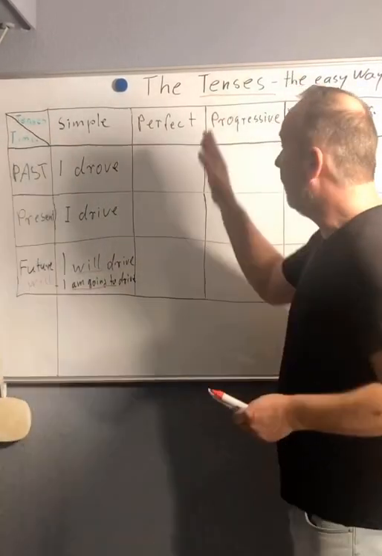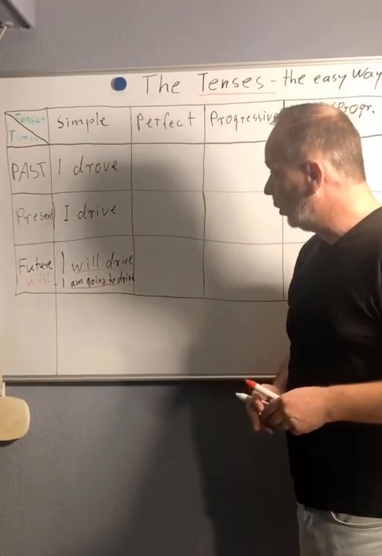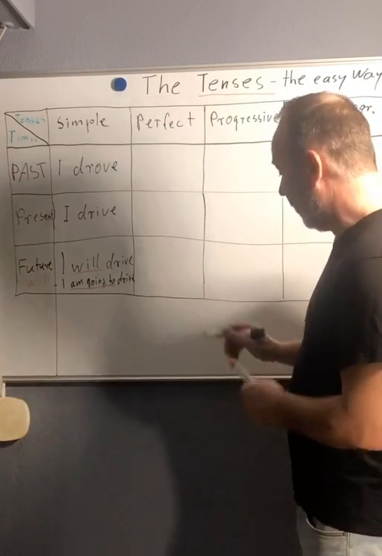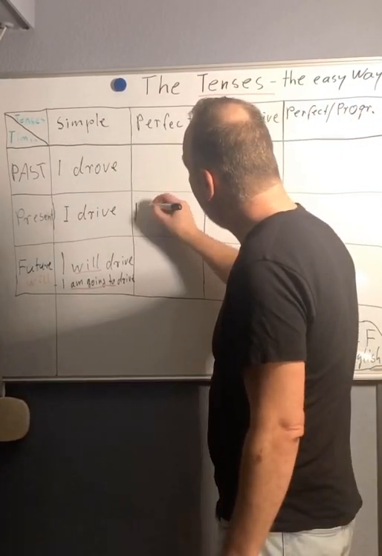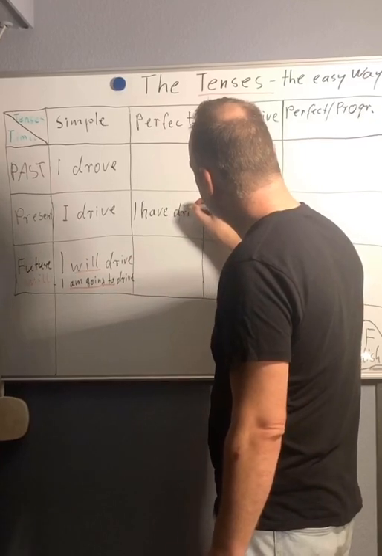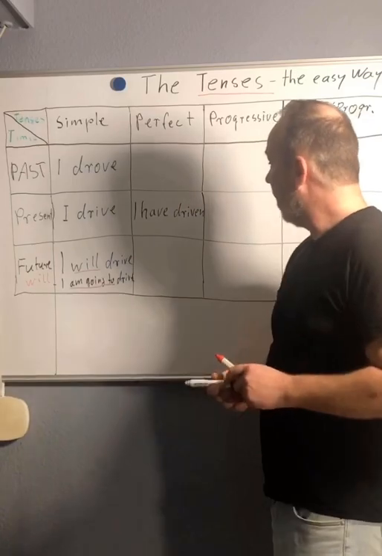So, perfect. Let's move on to perfect. In perfect, we have a little rule we need to follow. Let's start with the present perfect. Present perfect. I have driven. I have driven my car today.